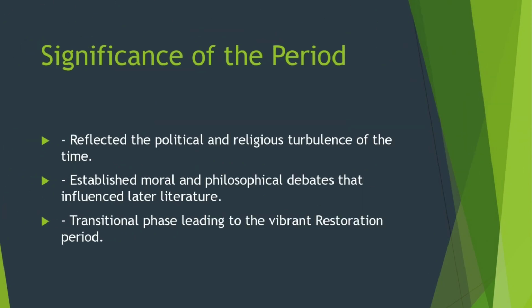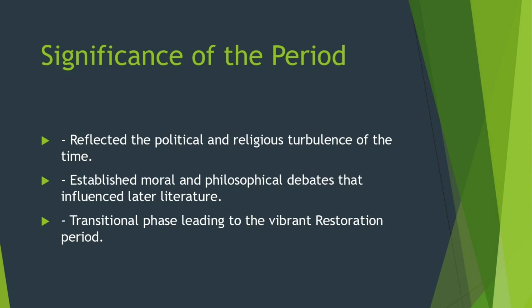So why should we learn about this Commonwealth period? As we know, this was often an overlooked era of British literature. So, why this Commonwealth period is important: despite its restrictions, this era was pivotal in shaping the English intellectual and cultural landscape.